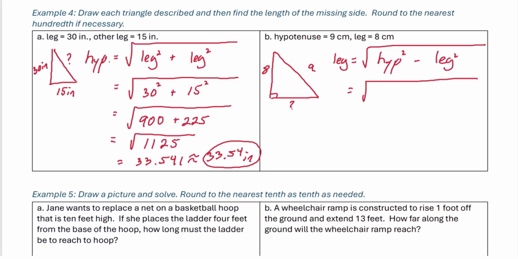That is the square root of 9 squared minus 8 squared. Nine times 9 is 81. 8 times 8 is 64. We now have the square root of 81 minus 64. 81 minus 64 is 17. And we'll need to use the calculator to approximate that.